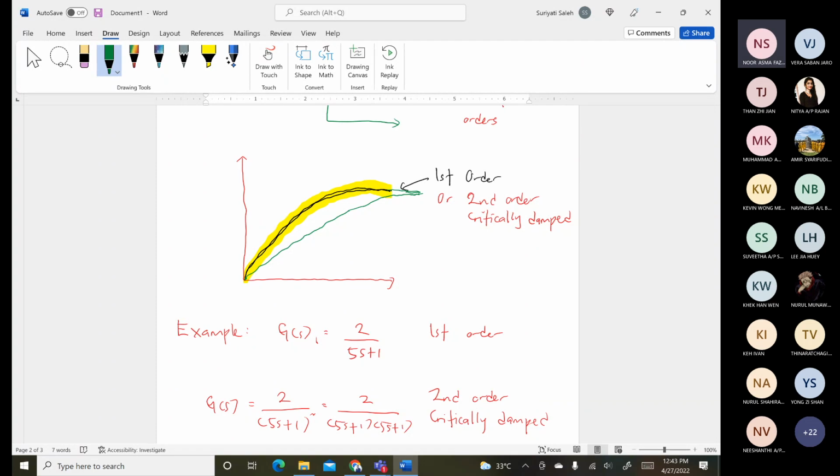Slow to achieve the new steady state value. So it will take a long time to reach the final value compared to the first order response.